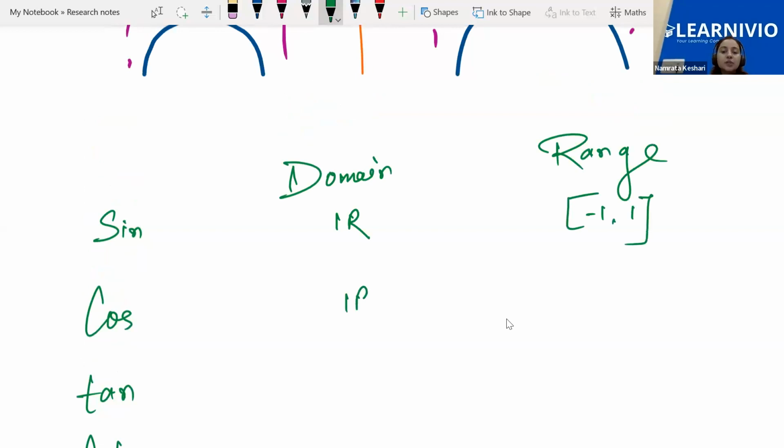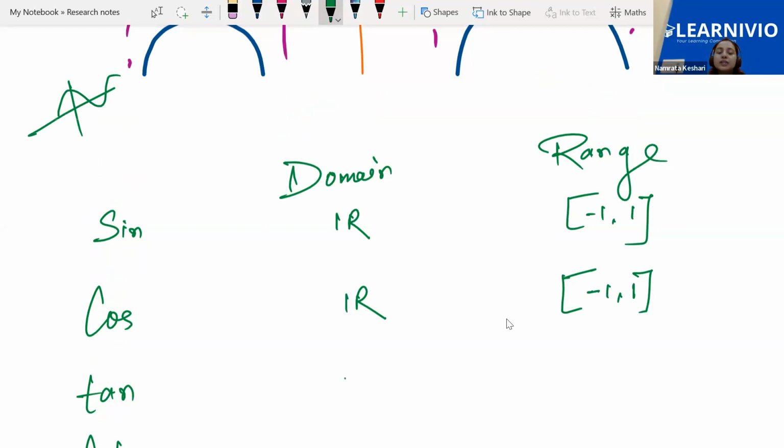Cos, domain is all real number, range is, Alina? Yes, ma'am. Range for cos function is minus 1 to 1. Yes. Okay, cos graph also goes like this. So -1 to 1.